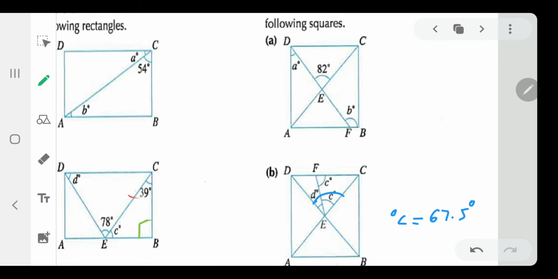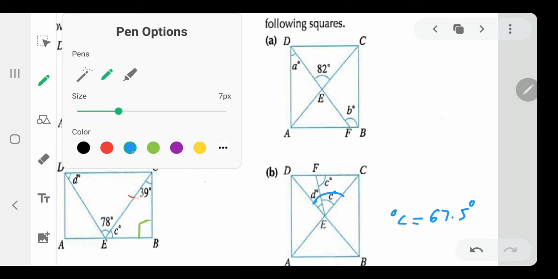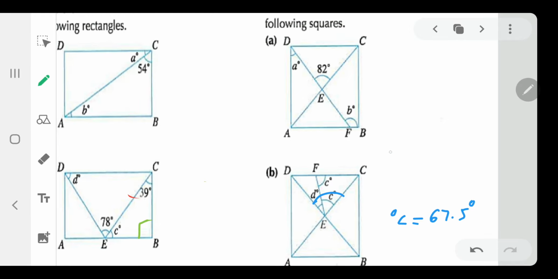We can calculate the value of D, which means D plus angle C is equal to 90 degrees.